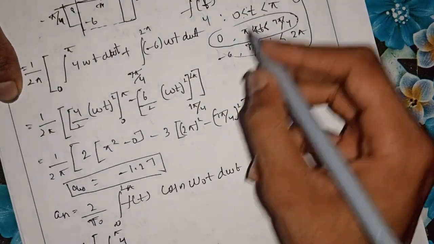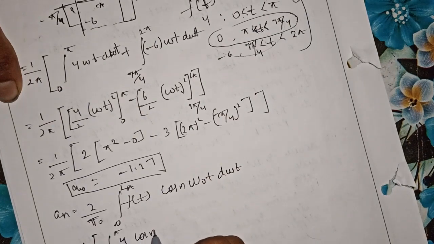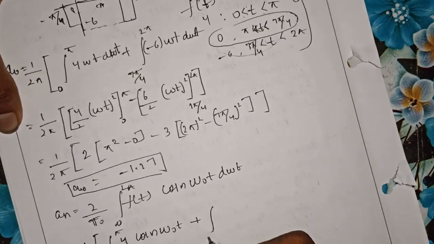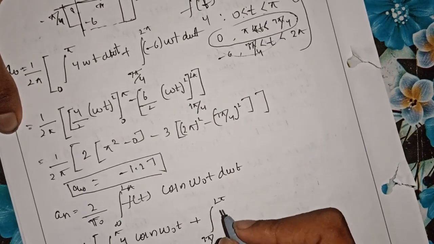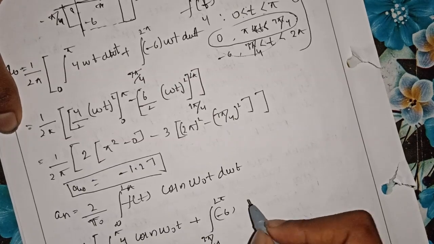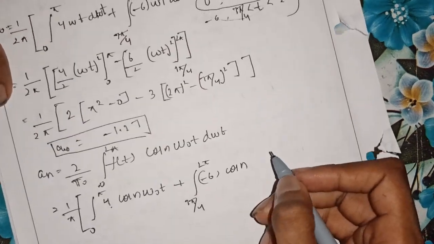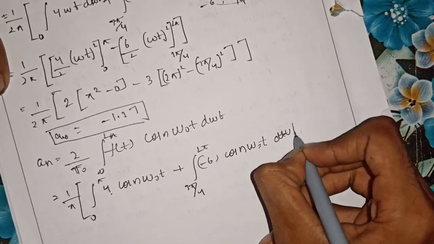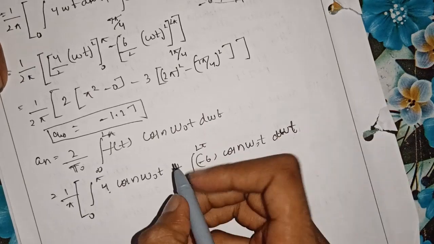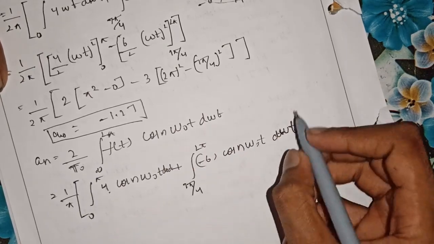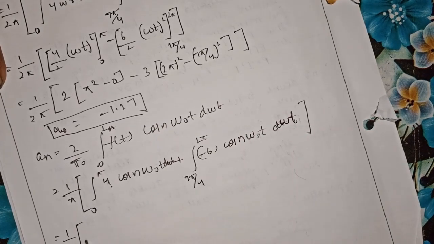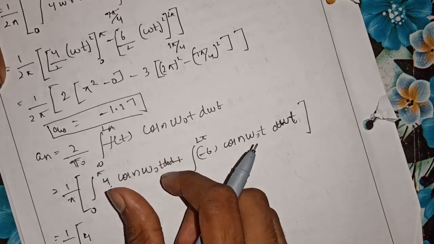So f of t is 4 for the interval 0 to pi into cos n omega naught t, plus similarly 0 is not considered at all, and from 7 pi by 4 to 2 pi it is minus 6 multiplied by cos n omega naught t times d omega t. Just make sure you write it as d omega t, since this is also with respect to omega t. Now we have to go on integrating it.